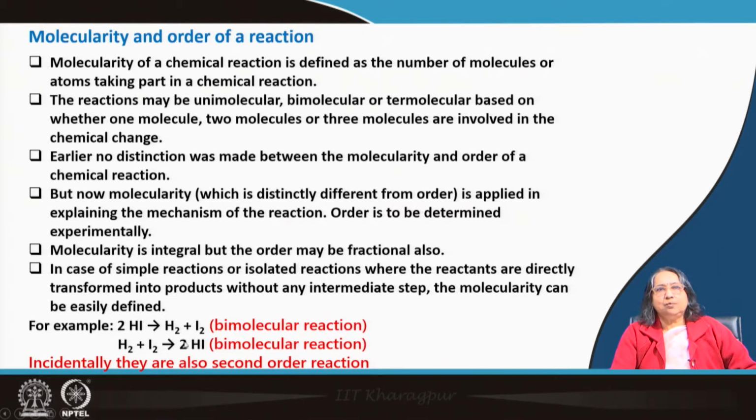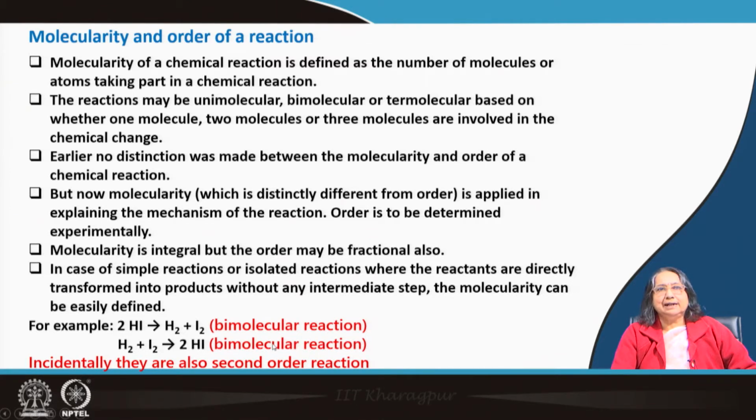But if you see the opposite reaction, where one molecule of hydrogen combines with one molecule of iodine, producing two molecules of HI, then you can tell that the opposite reaction is also a bimolecular reaction.